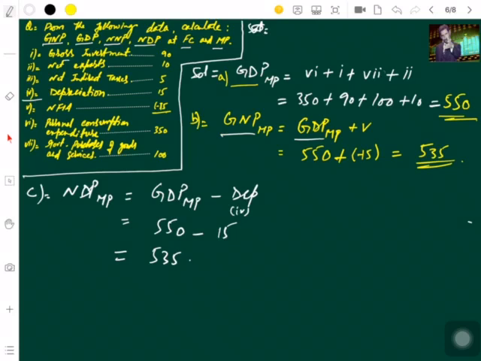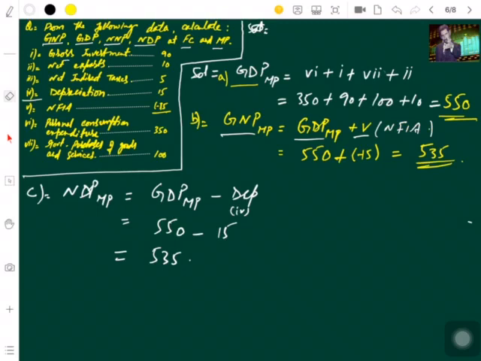GNP at MP, GDP at MP, plus your NFIA. We will have to make a little correction here. I have miscalculated it.